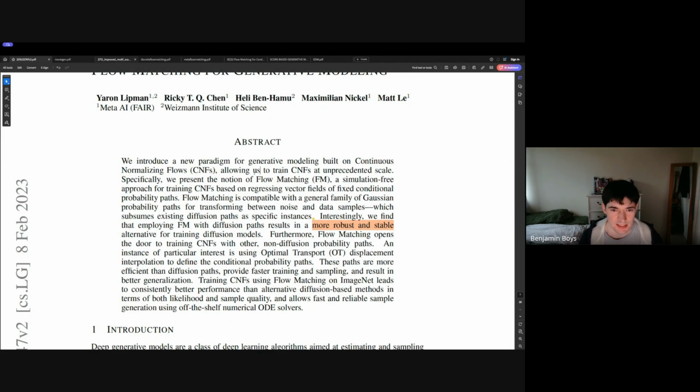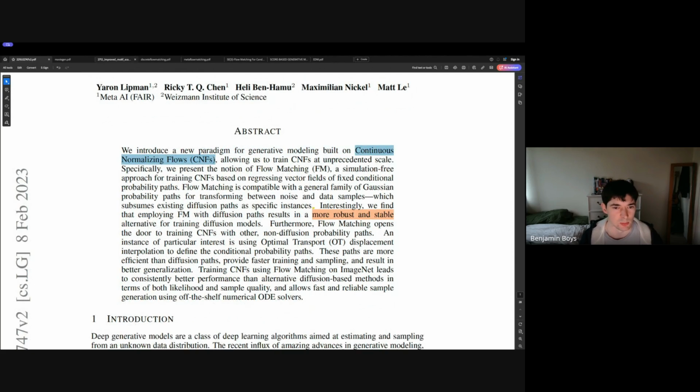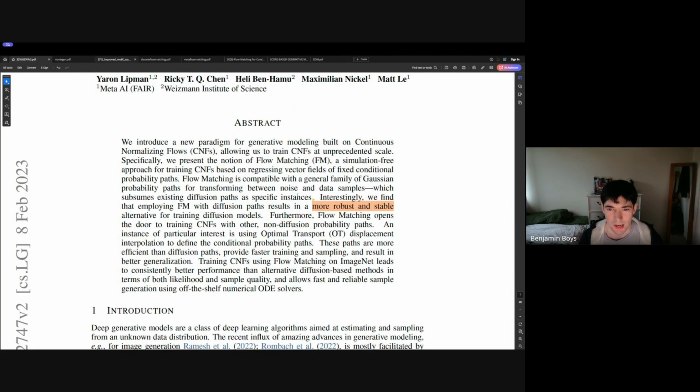So it's built on a framework of continuous normalizing flows, allowing us to train continuous normalizing flows at scale. The reason why diffusion models are so successful is because the training objective works at scale, because you have a denoising diffusion objective, and the denoised image is what you're trying to predict with the neural network.